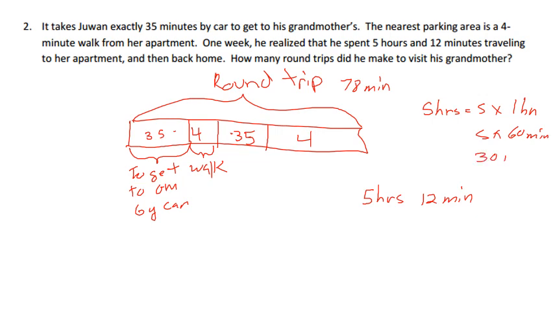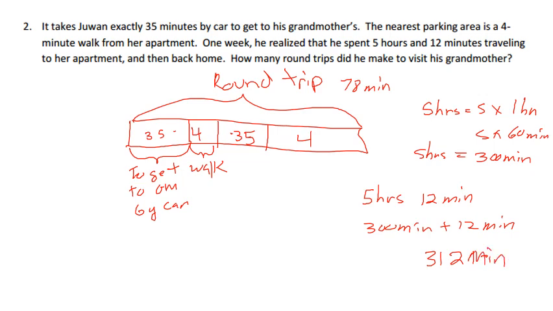So 5 hours is going to equal 300 minutes. So now we have 300 minutes plus 12 minutes. So we know the total time he spent was 312 minutes traveling.